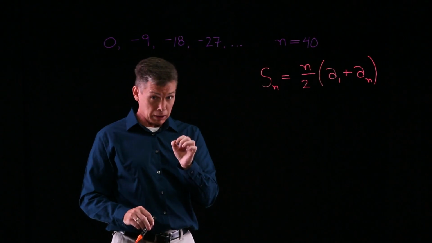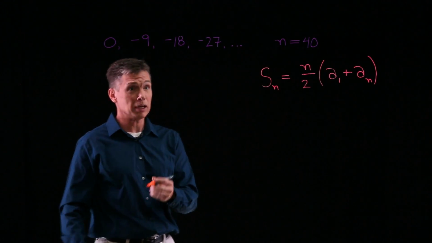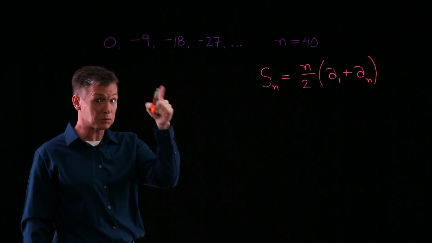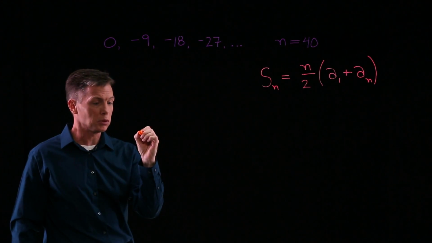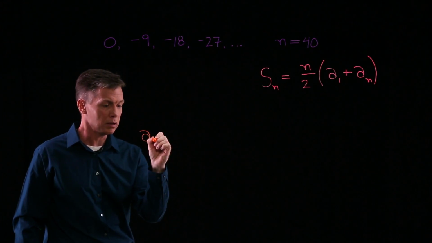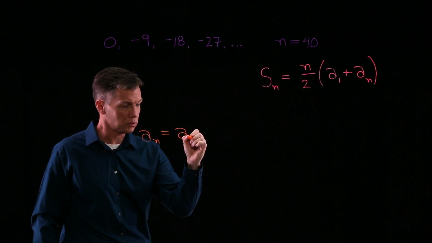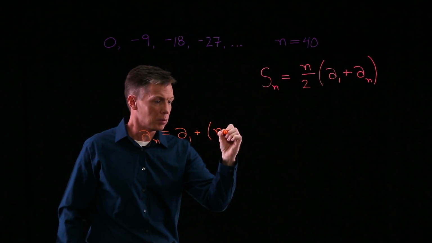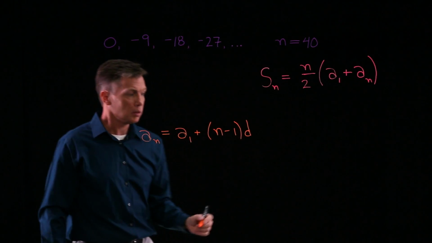In fact, for an arithmetic sequence, there's even a formula for the a sub nth term. Let me try to put that right here. I'm leaving some space. I have a little bit of work I need to do. But the formula for a sub n for an arithmetic sequence is a sub 1 plus n minus 1 times d.